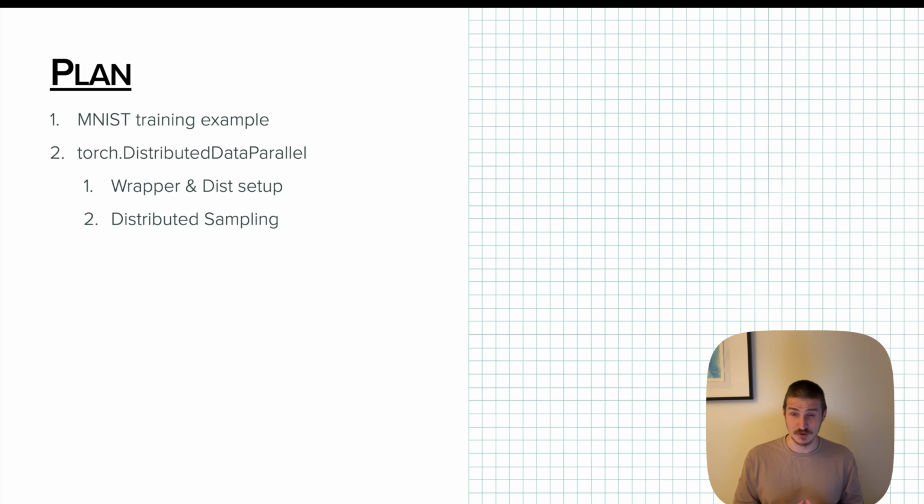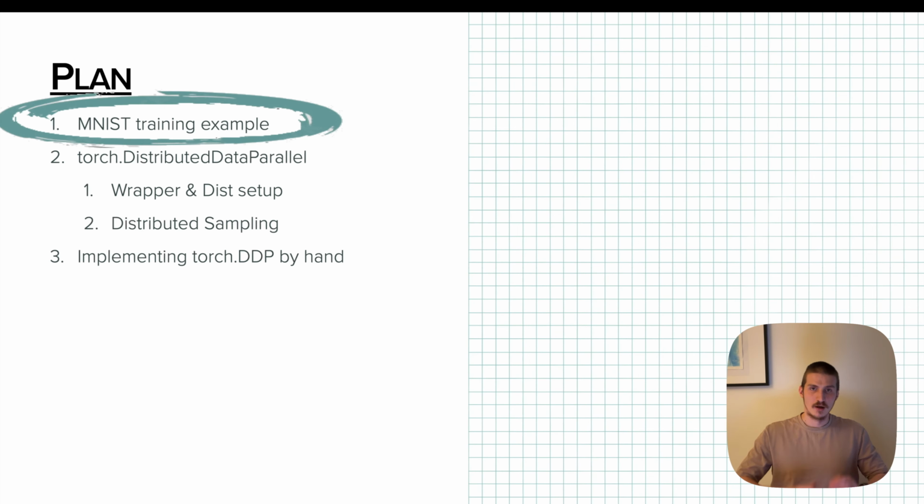In addition to that, you'll have to pay close attention to what parts of the data you feed to each process, and that's usually called distributed sampling. And in the last part of the video, we'll implement something analogous to torch DDP by hand using just torch distributed. We'll start with a simple example training on the MNIST digit classification dataset.